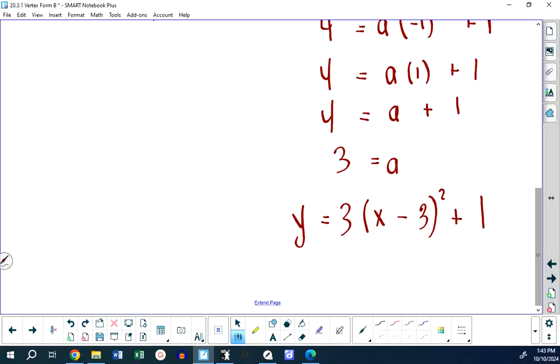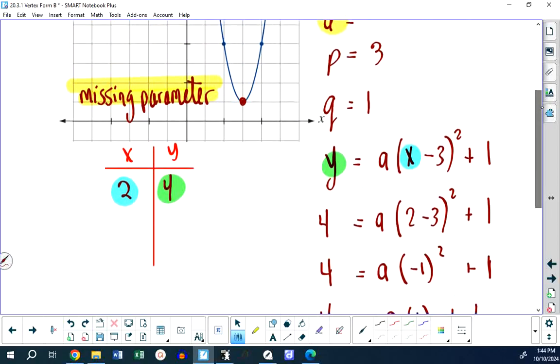I do want to talk about what you just said, Georgia, though, about put in the coordinates for the vertex. Any point makes the equation true. The vertex will make this equation here true. But look what happens if we do that.